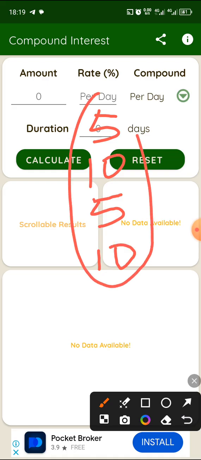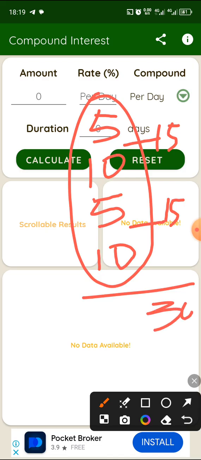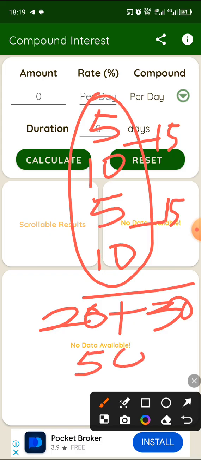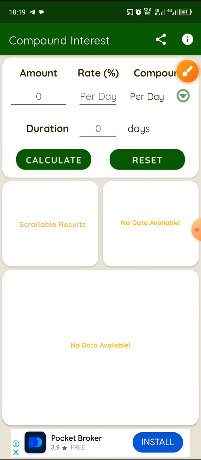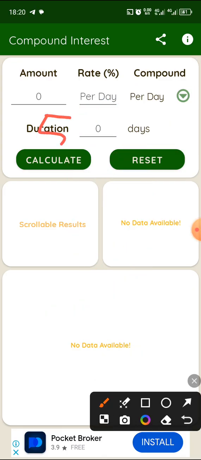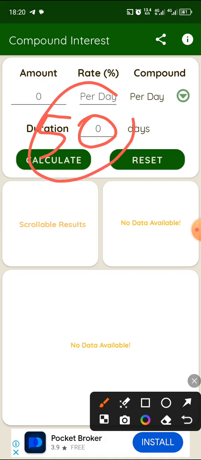As simple as that. So the total will be, this is 15 and this is 15, giving you 30, plus the 20 that went into the market at first, giving you 50, which is good. So we are going to focus on this 50 because this is what we are going to be compounding. The remaining 50 will be for margin call drops.